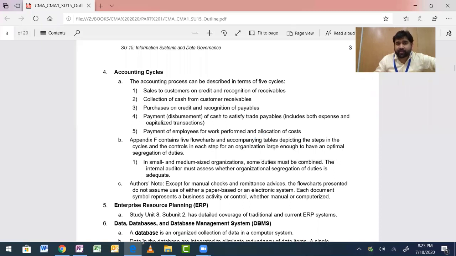We have an Appendix F which contains 5 flowcharts and accompanying tables depicting the steps in the cycle and the control in each step for an organization large enough to have an optimal segregation of duties. This is the flowchart which we are never going to understand.